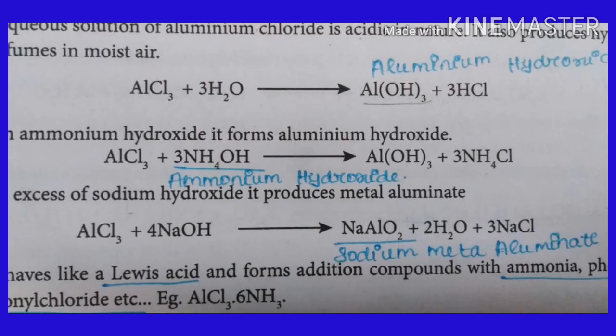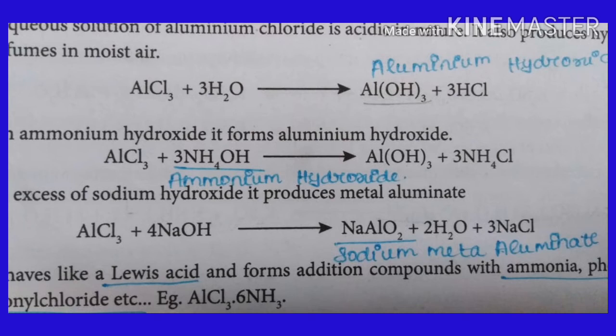Next are the properties of aluminium chloride. Aluminium chloride produces hydrochloric acid fumes, HCl fumes, when it is treated with moist air. The aqueous solution of aluminium chloride is acidic in nature. It forms HCl with the elimination of aluminium hydroxide. See the first equation.